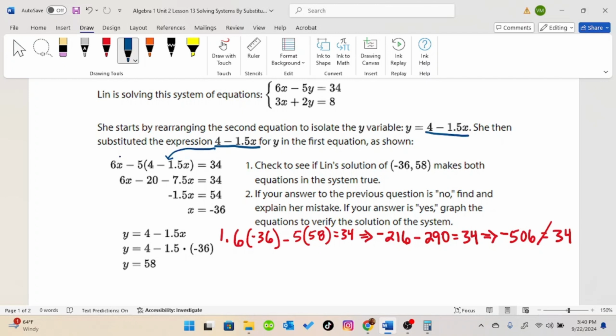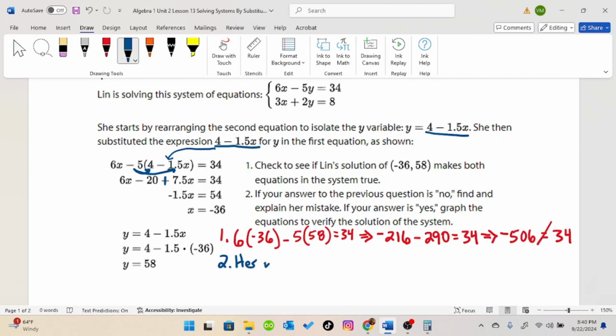That step is correct. Next, she applied the distributive property. Negative 5 times 4 is negative 20, so that's correct. However, negative 5 times negative 1.5 is not negative 7.5. This should have been plus 7.5.